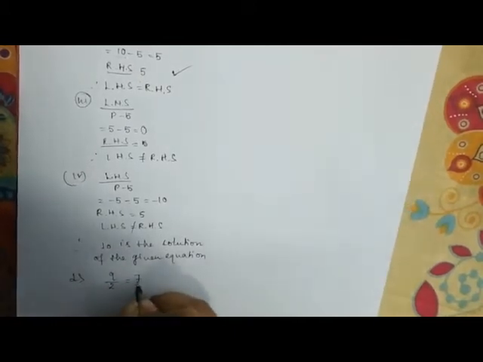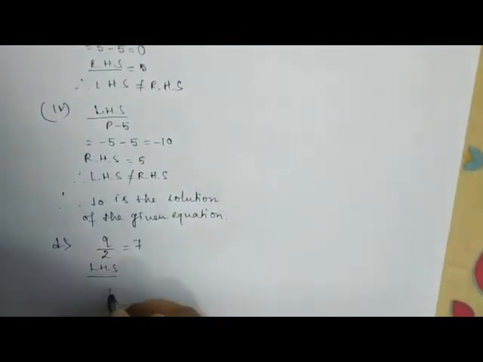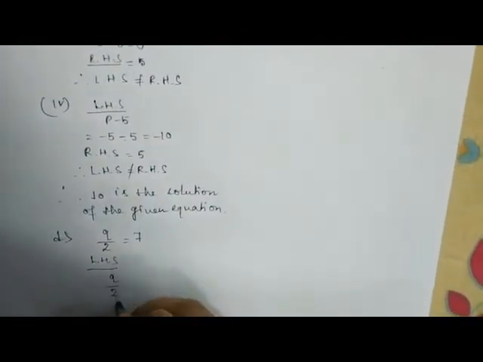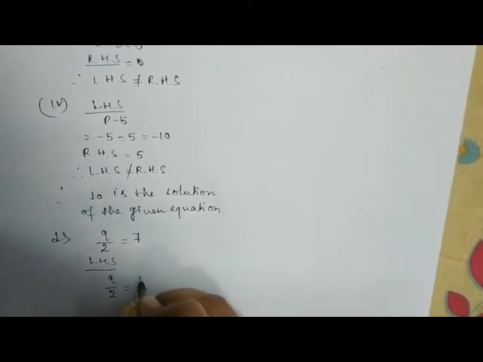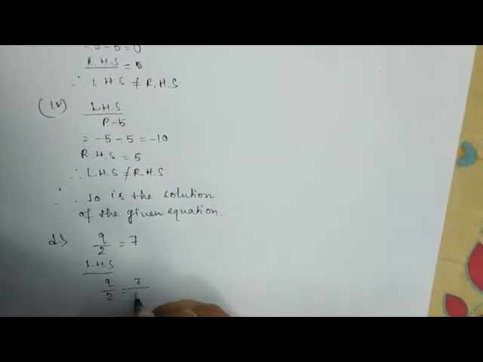Now in the D part we have q by 2 is equal to 7. And in the first option we have 7. So here on the left hand side q by 2 is there. So we'll put q by 2, and in place of q we will write 7 because 7 is there in the bracket. So 7 by 2.